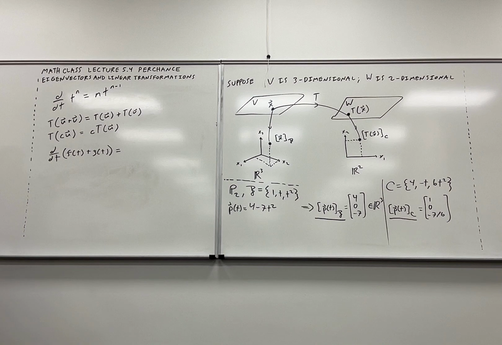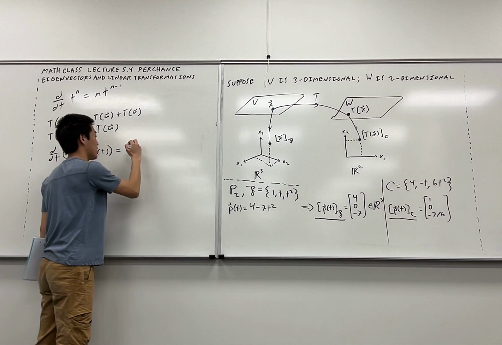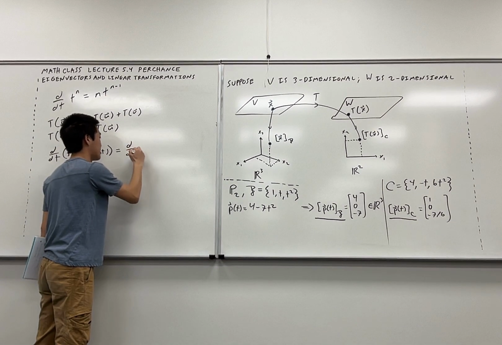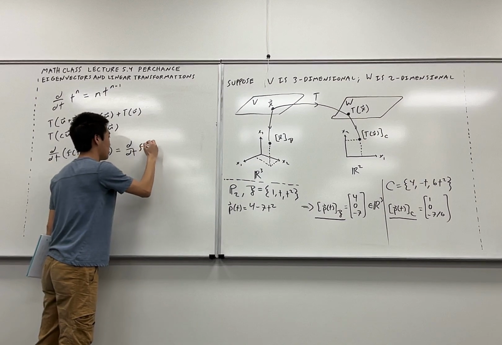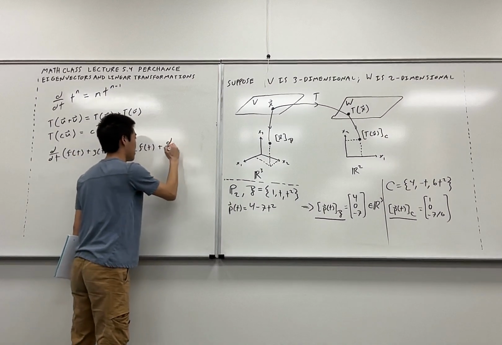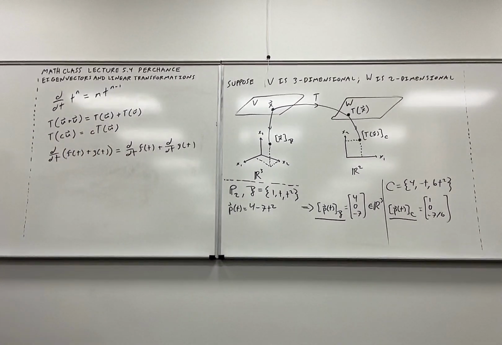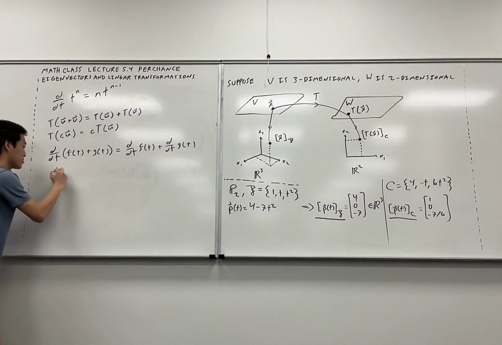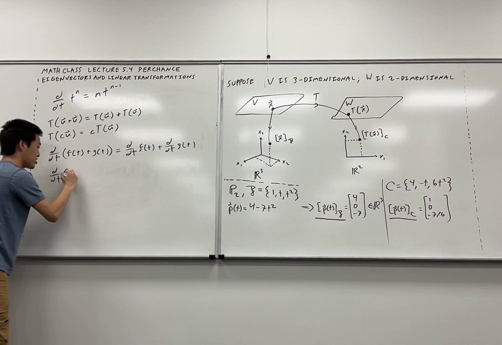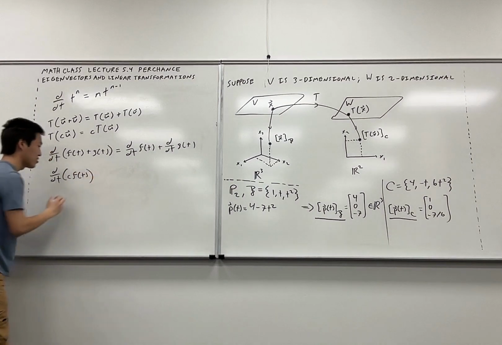The derivative of f of t plus the derivative of g of t. That's the same thing as d dt of f of t plus d dt of g of t. Okay. What if I put inside of my transformation c times f of t?